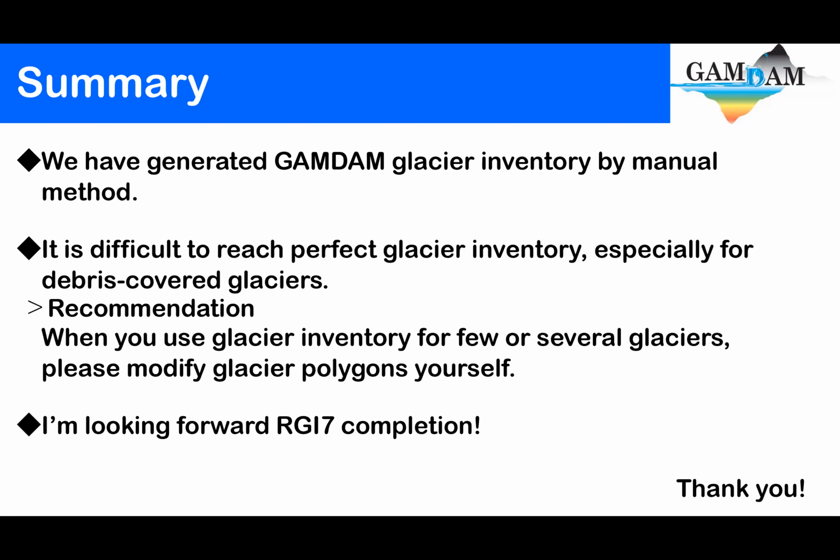So it's a completely wild mix of sources for RGI 6. And for RGI 7, maybe apart from a few individual glaciers, it will only be GAMDAM 2 for the entire high mountain Asia.